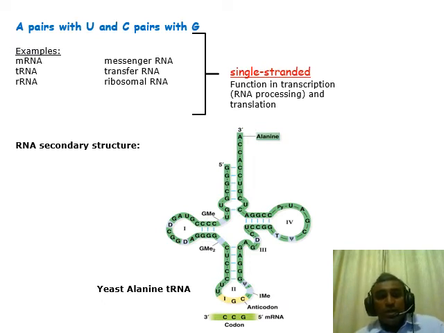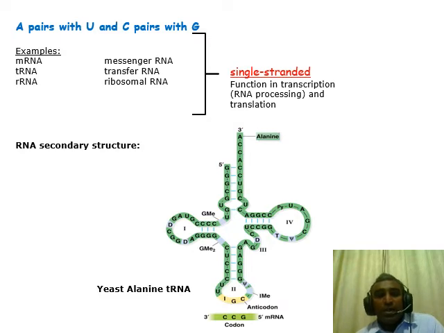So in line with the DNA complementary pairing, whereby A is always paired with T and G with C, here you can see at the top left corner, A pairs with U and C pairs with G when it comes to RNA.